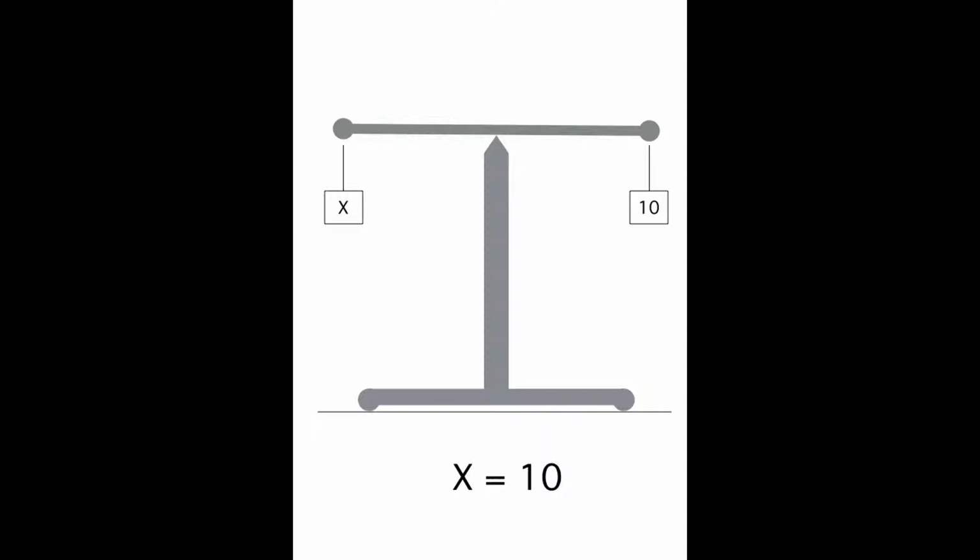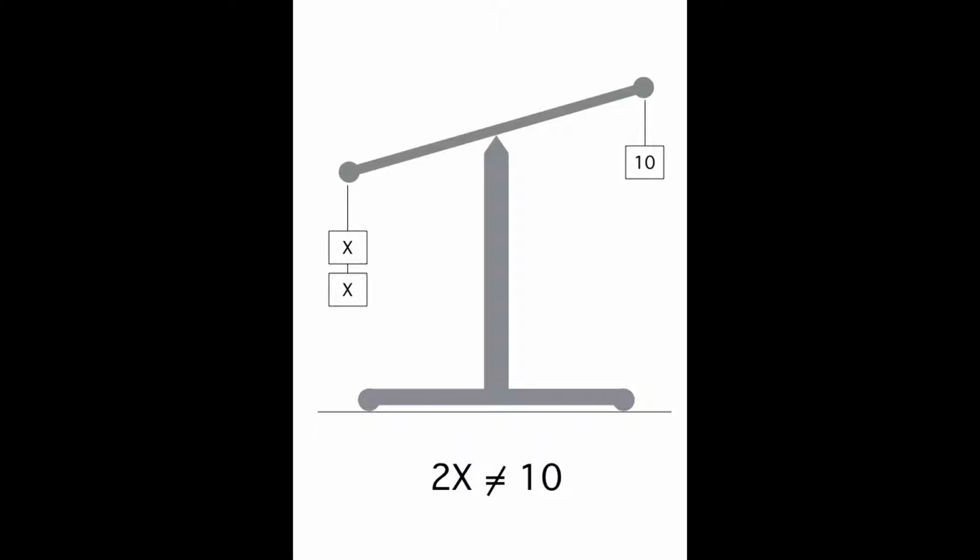So for example, if x has the value 10, and then I write an equation where I say 2x equals 10, the balance won't be level because I've doubled the left side, but I haven't changed the right side. That's an unbalanced equation, so it isn't horizontal. Therefore, we say 2x is not equal to 10.